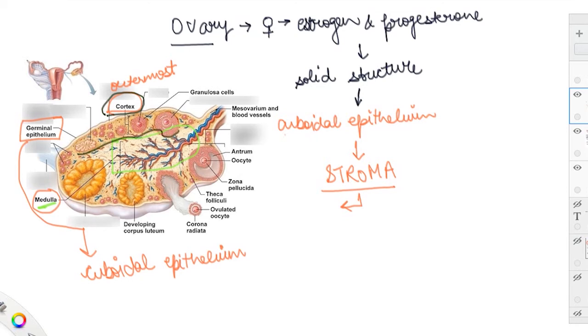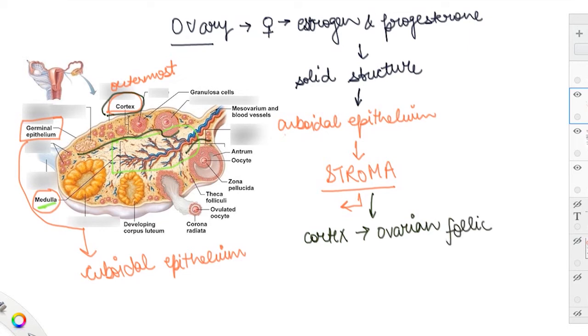See, these all are the follicular structures, and these are the ovarian follicles. So in the stroma, in the outermost layer known as the cortex, you have the ovarian follicles.